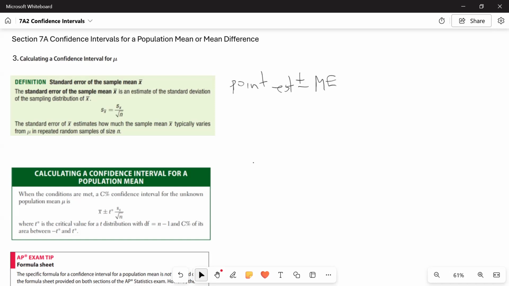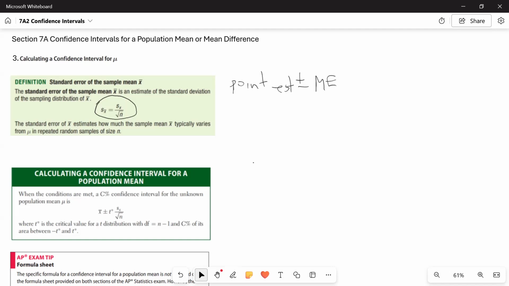So when constructing a confidence interval for a population mean, we are going to have to use the sample mean of X bar. So the standard error of the sample mean, X bar, is an estimate of the standard deviation of the sampling distribution of X bar. So S sub X bar is equal to the standard deviation of this sample divided by the square root of n, or the square root of the sample size.